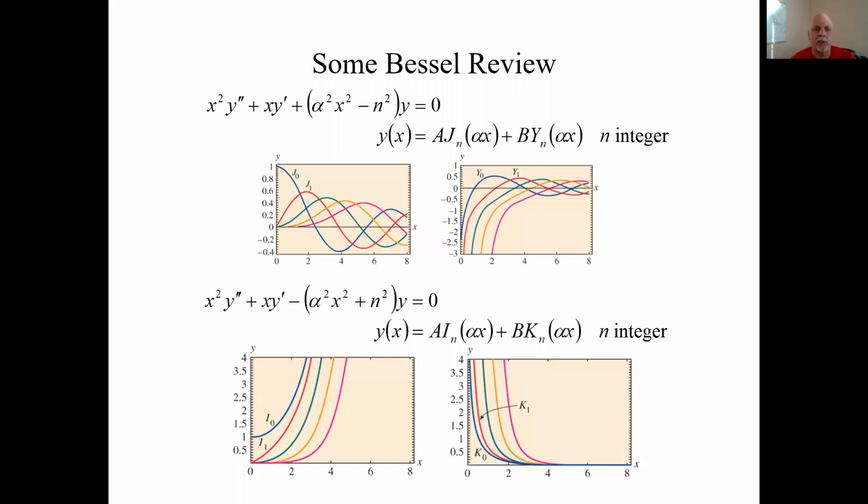Okay, we're going to do one last example of a boundary value problem in cylindrical coordinates. We've already seen the Bessel equation and the modified Bessel equation crop up in previous examples of cylindrical coordinates.